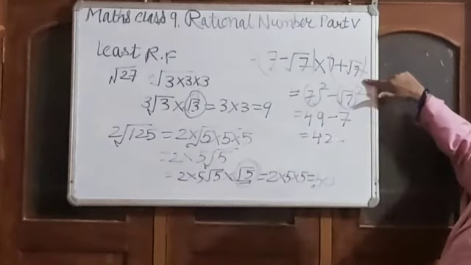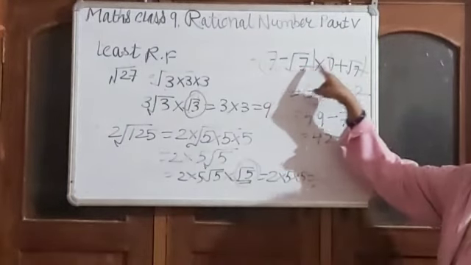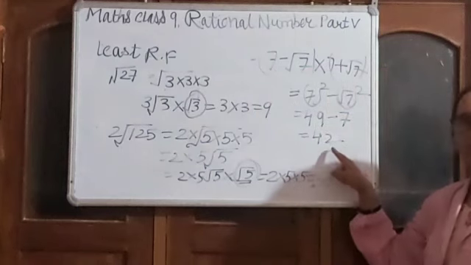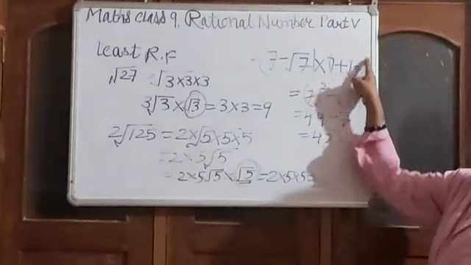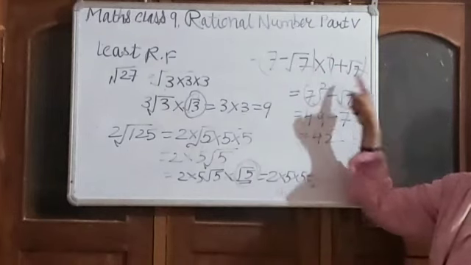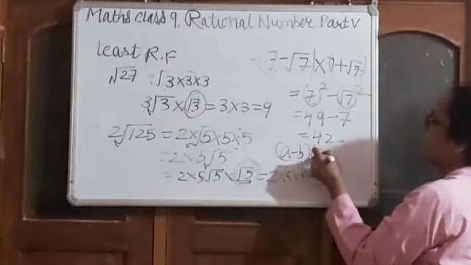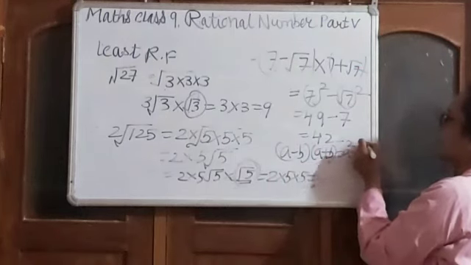So when we multiply 7 minus root 7 by 7 plus root 7, our product is 42. So the least rationalizing factor of 7 minus root 7 is 7 plus root 7. The formula is a minus b into a plus b is equal to a square minus b square.